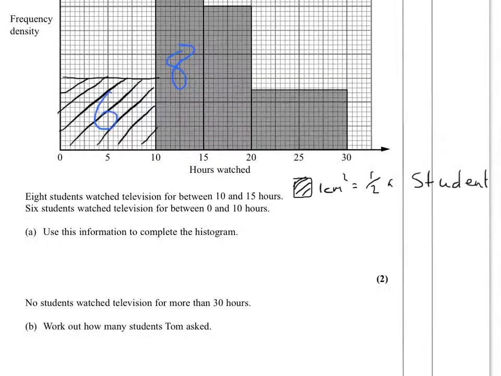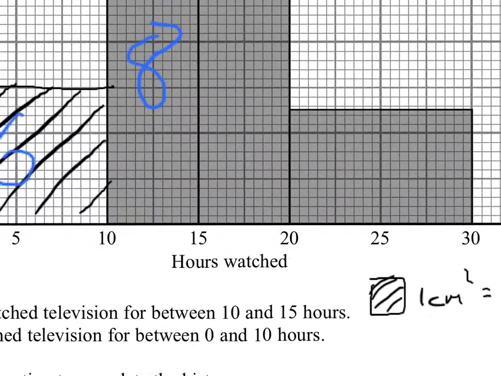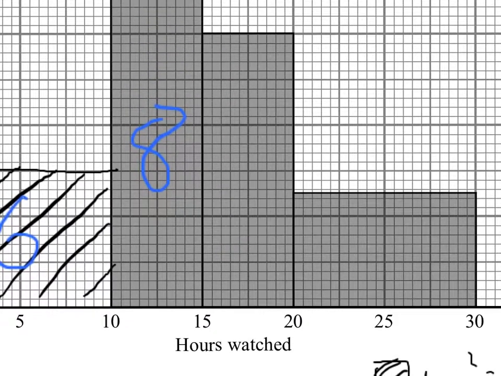So for the third bar, 1, 2, 3, 4, 5, 6, 7, 8, 9, 10, 11, 12. So if each one represents half a student, that bar represents 6 students altogether.